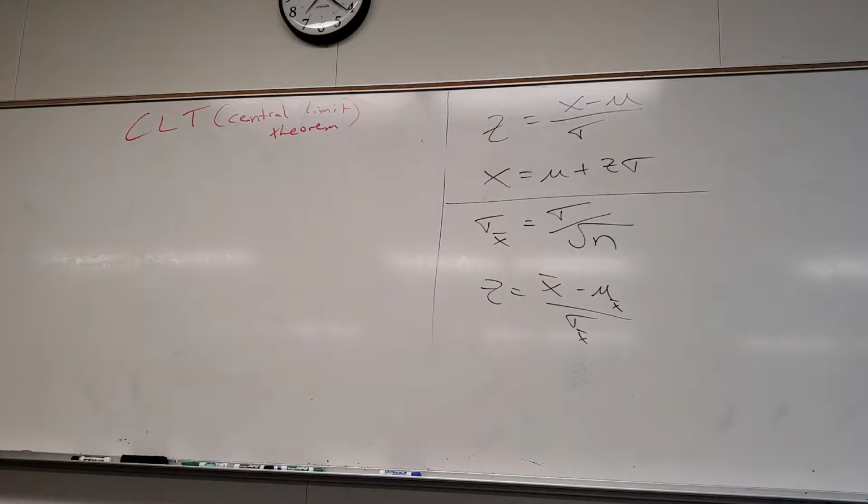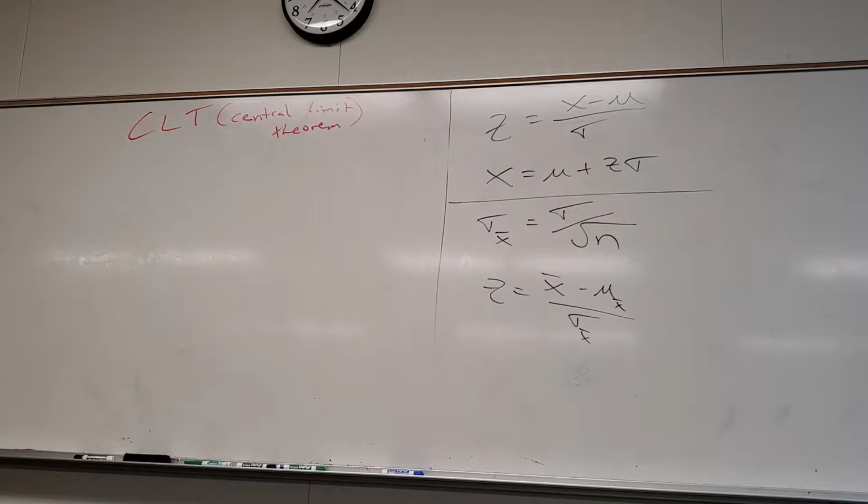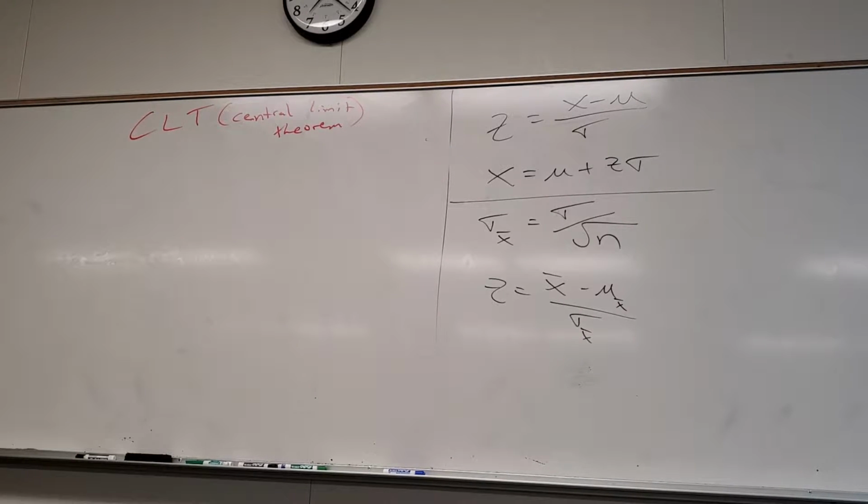So what the central limit theorem means is that in the limit, as my sample size gets really large, it's going to tend towards the center. It's going to tend to be closer and closer to the middle, the center. And that's where the name central limit theorem comes from. And that's something we knew on day 1. We knew the bigger the sample we take, the closer it should get to what the real information is for the whole population. You knew that when you came into this class.